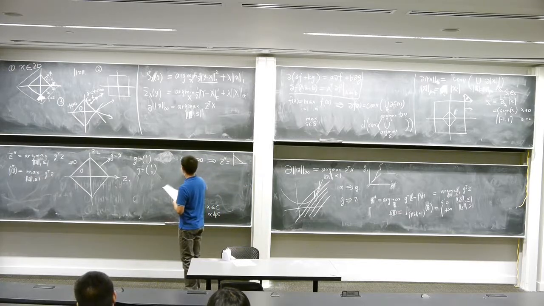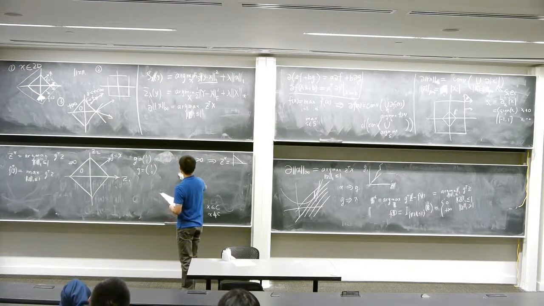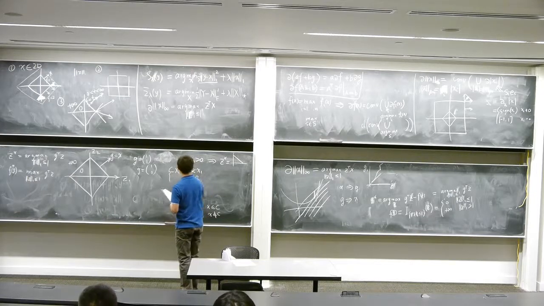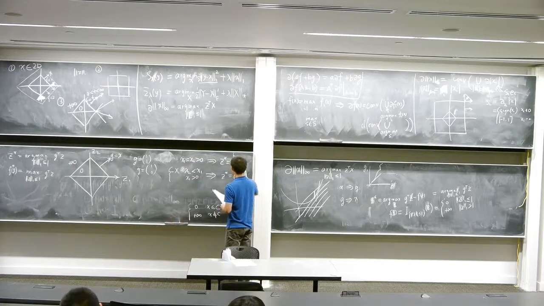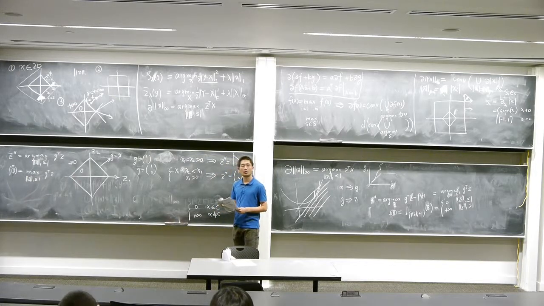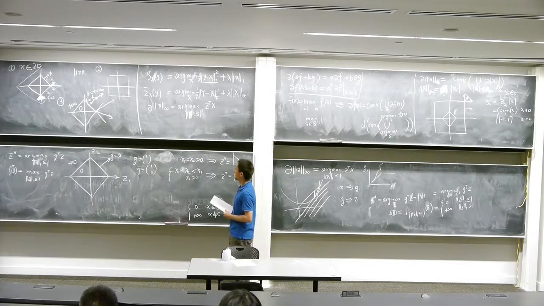And a generalization of (1, 0) would be x2 lying between x1 and negative x1, and x1 is greater than 0, for example. Then we get z star to be (1, 0).